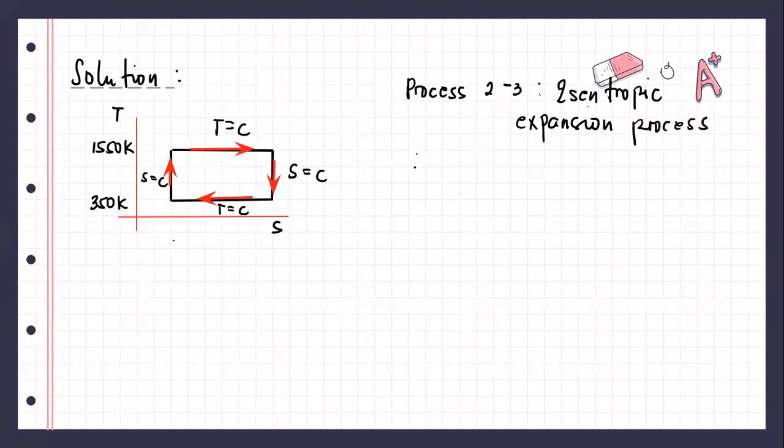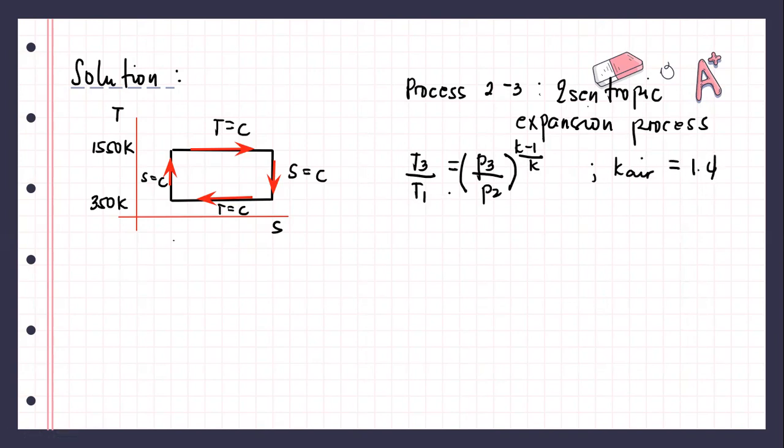Then you have T3 over T1 is equal to P3 over P2 raised to K minus 1 over K. The constant value for the K of air is equal to 1.4.